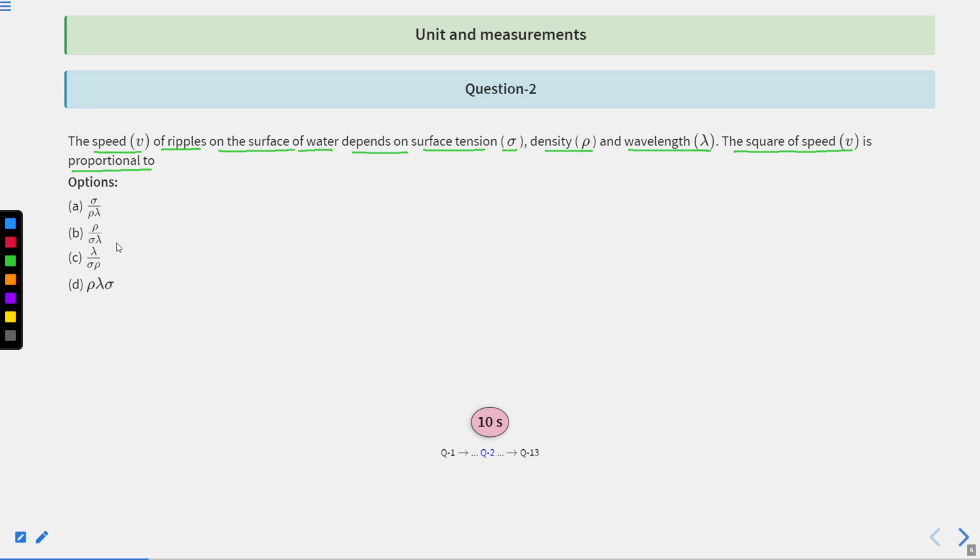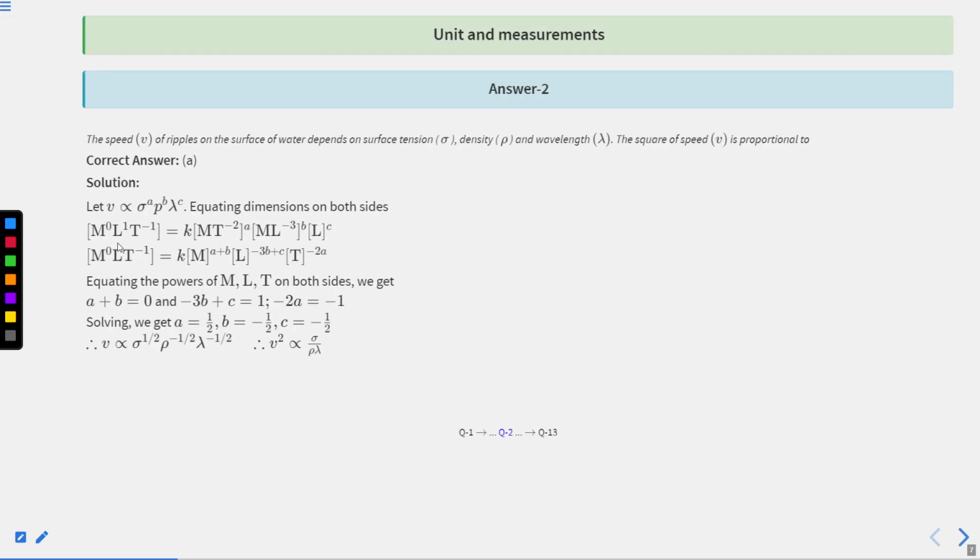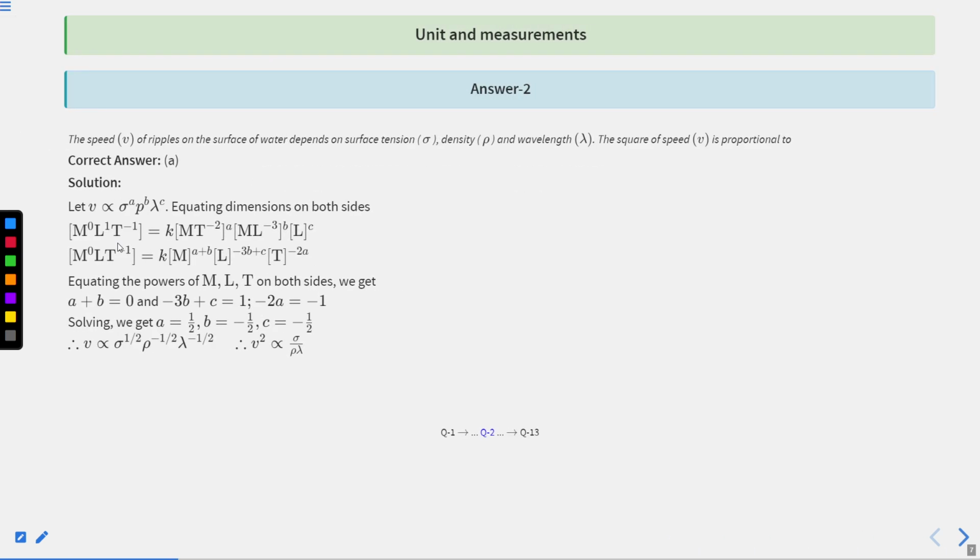Clear? So you have 10 seconds to solve this question. After that we will provide the solution. Let's find the solution. The correct option is A.